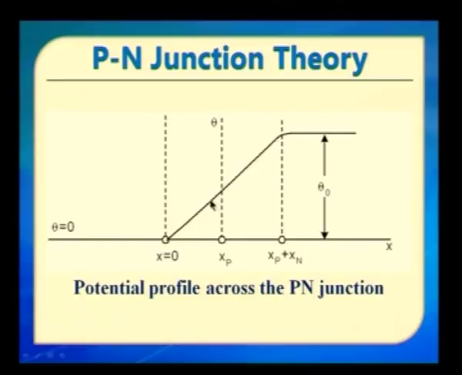Irrespective of whether it is an electron or a hole, it has to overcome a potential barrier, and in some cases the junction will act as a potential well. For the minority carriers it will be a potential well, and in the course of the lecture I will explain what is meant by a potential well also.